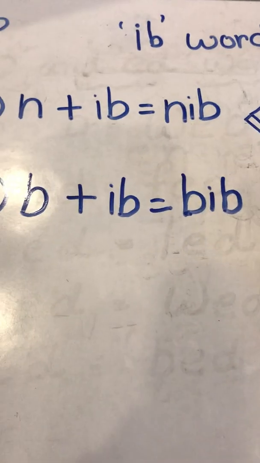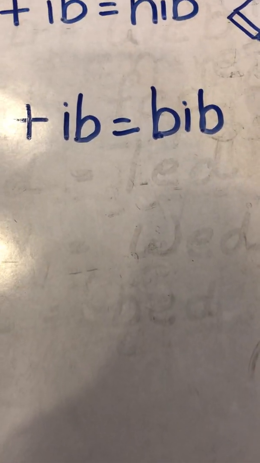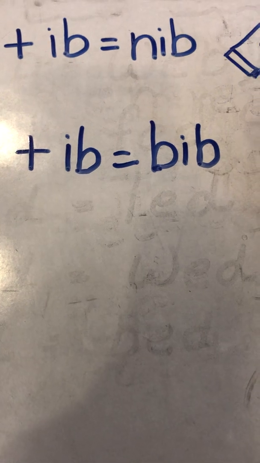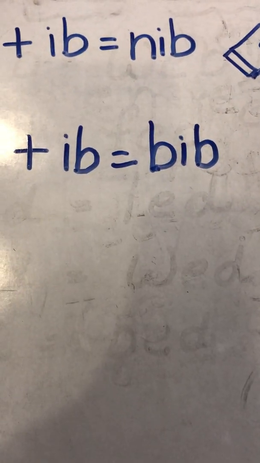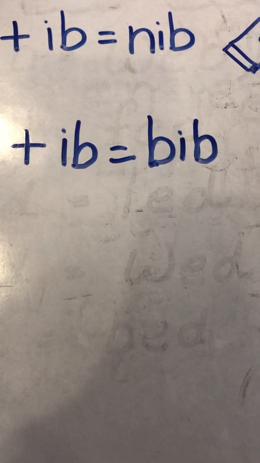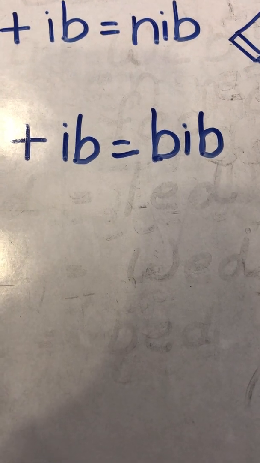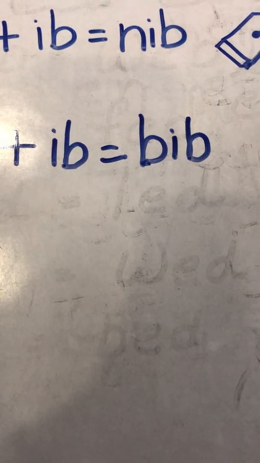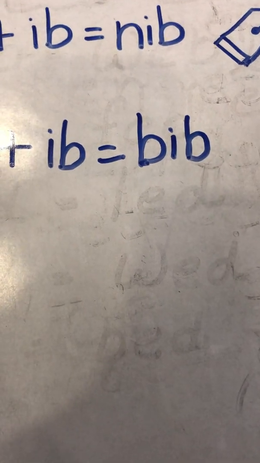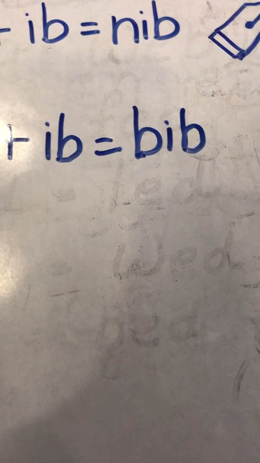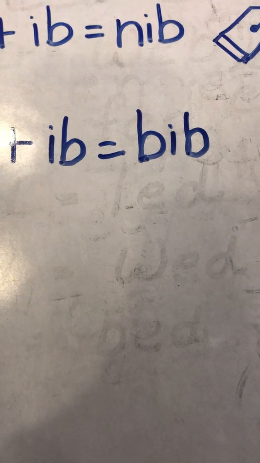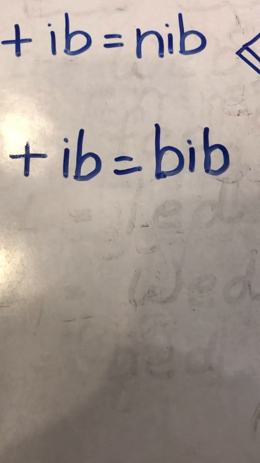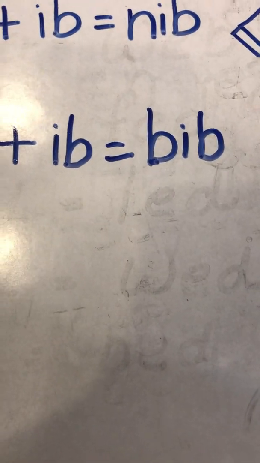Now bib. So what is bib? You all know? Bib is a piece of cloth or plastic fastened around the child's neck to keep its cloth clean. We usually tie a bib around the child's neck so that whenever he or she eats something, the clothes will not get dirty.